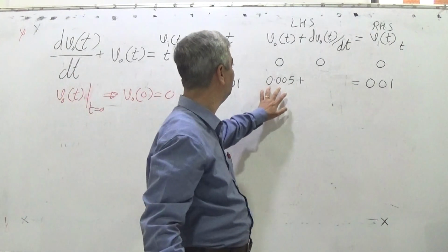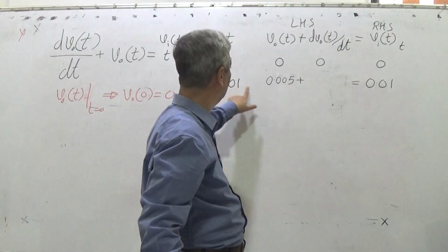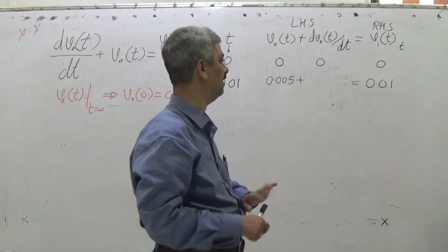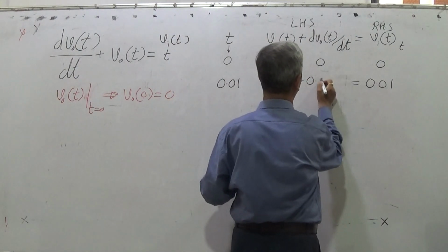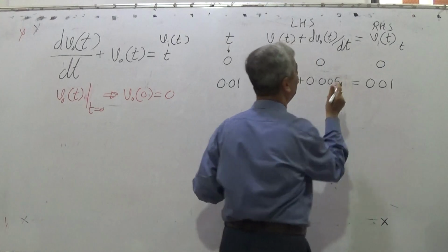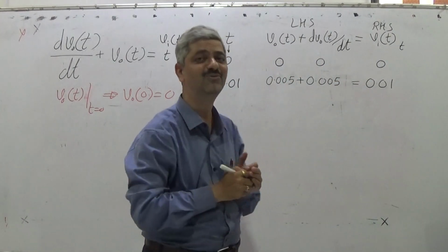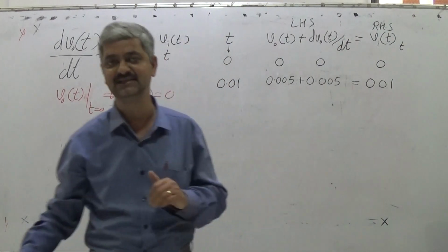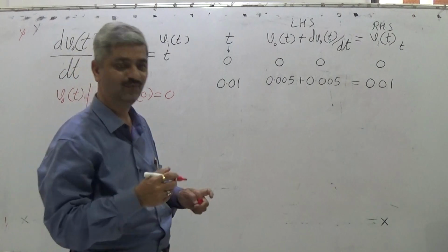If we assume VOT at t equal to 0.01 as 0.005, then dVOT by dt will also be 0.005, because their sum must be 0.01. Now, is it correct? How should we tally the answer?